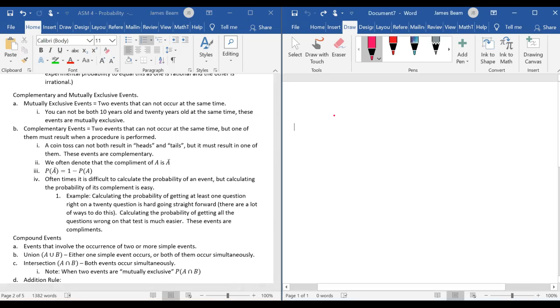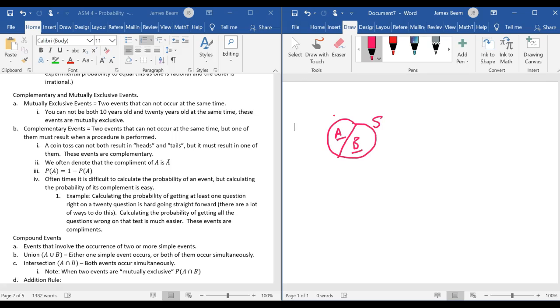If I have my Venn diagram here, mutually exclusive events are going to look like this. This is the sample space. Either A will occur or B will occur. They cannot both occur, but one of them must occur.